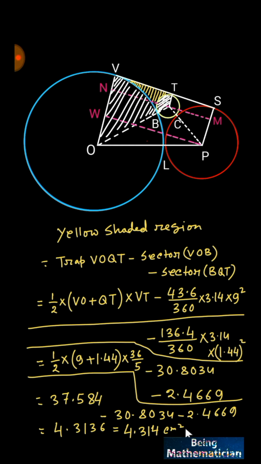So now it is approximately 4.32 centimeter square. Let's consider that this is 4.32 centimeter square, and we have to note down this result.